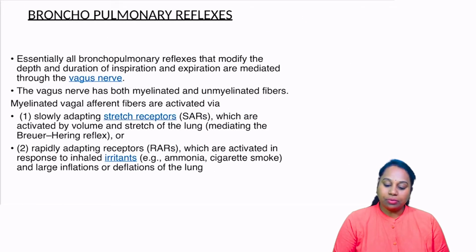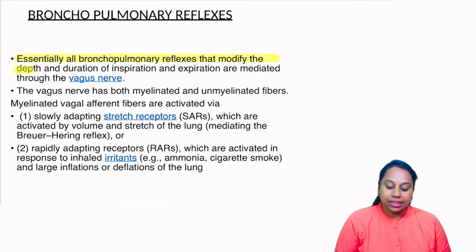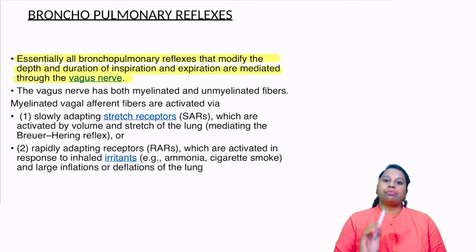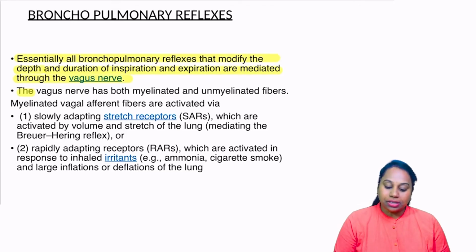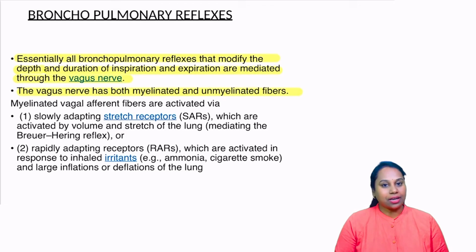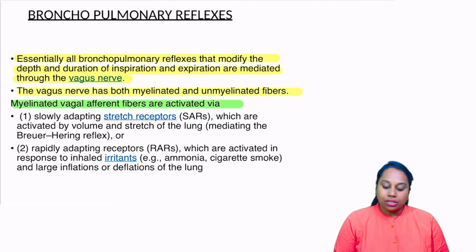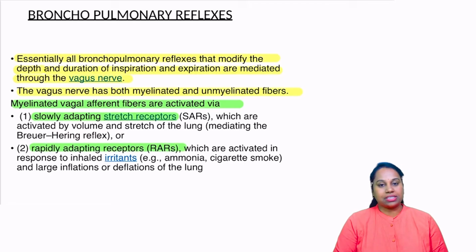The bronchopulmonary reflexes. Essentially, all bronchopulmonary reflexes that modify the depth and duration of inspiration and expiration are mediated through the vagus. The vagus nerve is the important nerve. The vagus nerve has both myelinated and unmyelinated fibers. The myelinated vagal afferent fibers are activated through slowly adapting stretch receptors and rapidly adapting receptors.